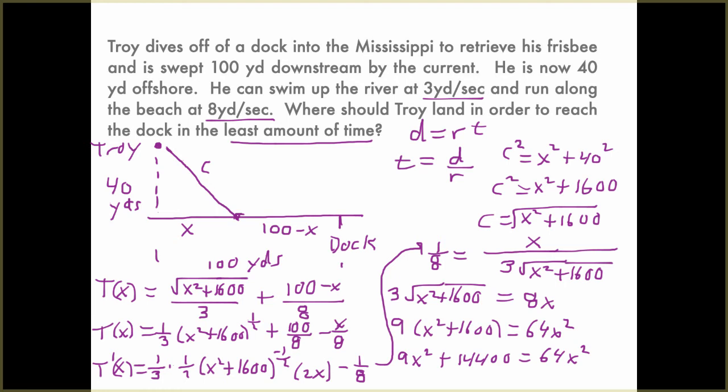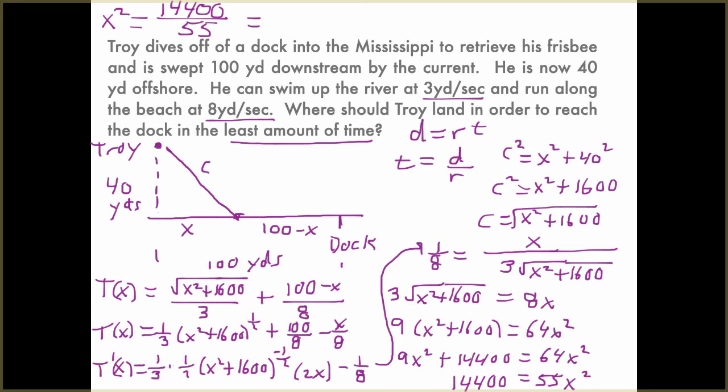We'll get the x squareds on one side, and we get 14,400 equals 55x squared. And I am running out of room. We'll do it up on the top here though. When you solve this, you're going to have x squared equals 14,400 over 55. And you take the square root of both sides of this.